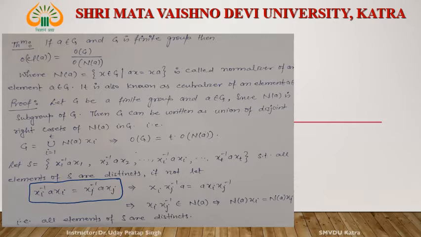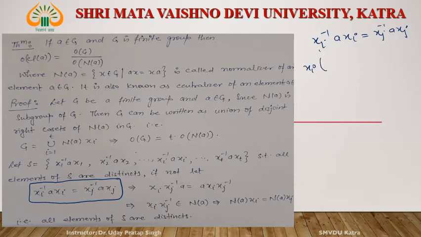Then xi inverse a xi is equal to xj inverse a xj. Operate by xi on both sides from the left side.